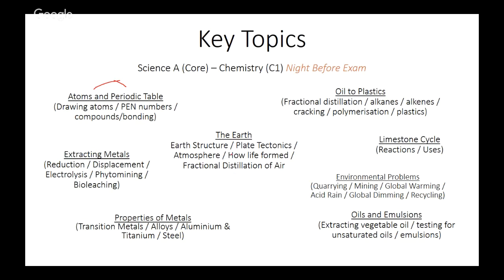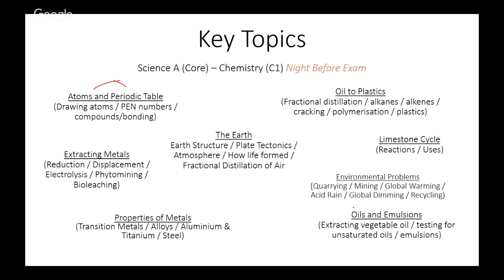The structure of the Earth and tectonic plates and how life formed. There's quite a big section on oils to plastics, so looking at some organic chemistry, some alkanes and alkenes. The Limestone Cycle. They're quite heavy on environmental problems, so global warming, acid rain, recycling and quarrying. And finally, oils and emulsions.